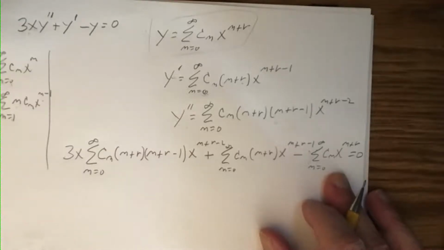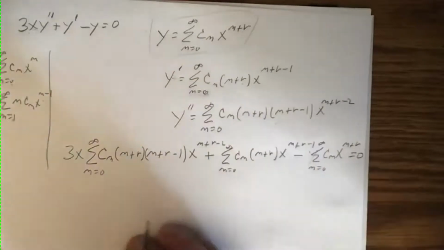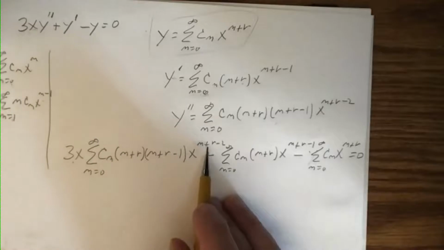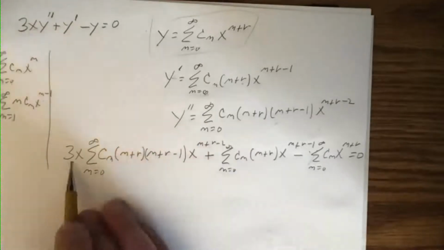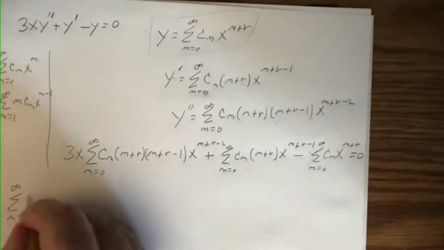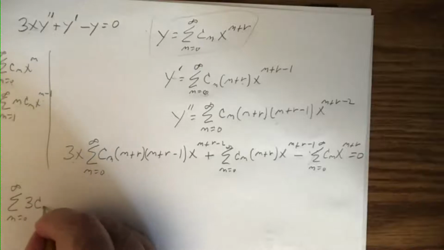Okay, let's see here. Make sure I don't make a careless mistake. Here I got a 3x, and here I'm going to bring this x in here. In other words, I'm going to write this as this, and put the 3 here.